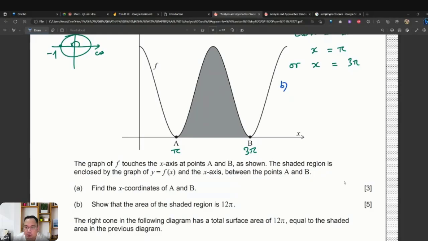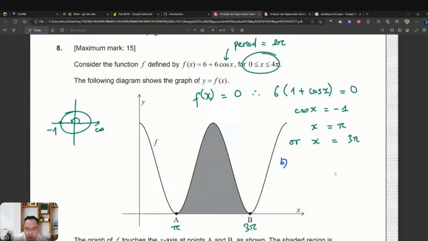Question B. Integration of this function from A to B, meaning from pi, the lower boundary, to the upper boundary, 3 pi. The function is 6 plus 6 cosine x dx. I can bring the number 6 outside the integration, from pi to 3 pi.